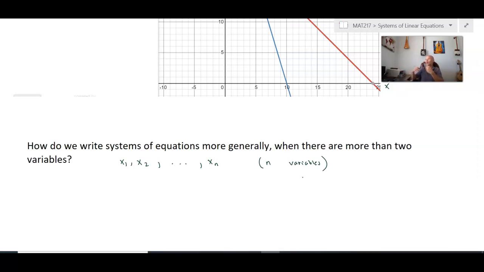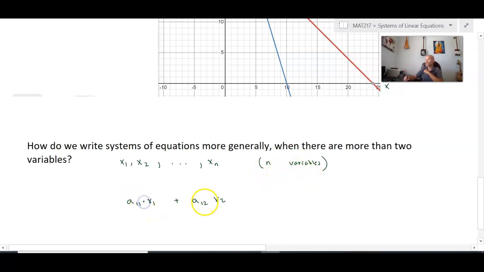And then we're going to have a certain number of equations. So the first equation may look like this, maybe a11 x1 plus some coefficient a12 x2. Remember, the first subscript is what equation we're in, and the second subscript denotes what variable that coefficient is attached to.